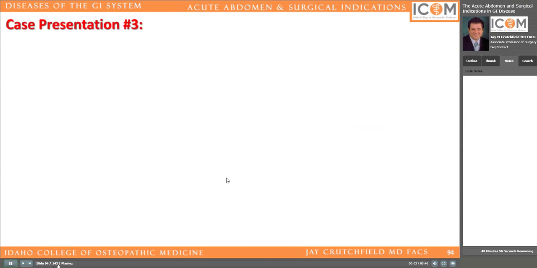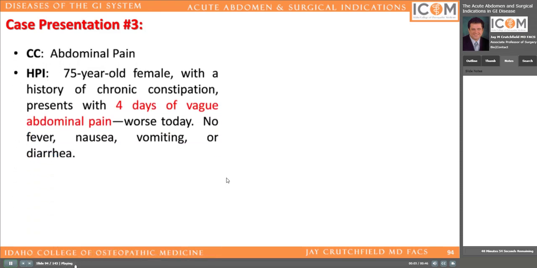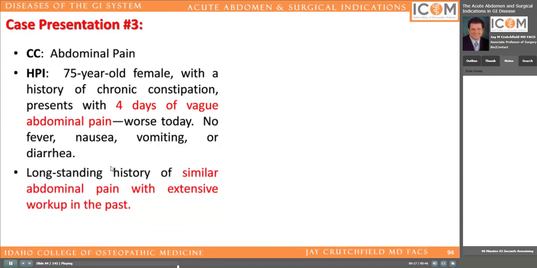So here we have a 75-year-old female with a history of chronic constipation who now presents with 4 days of vague abdominal pain, and today it's worse. There's no fever, no nausea or vomiting or diarrhea. She's had a long-standing history of similar abdominal pain with an extensive workup in the past.